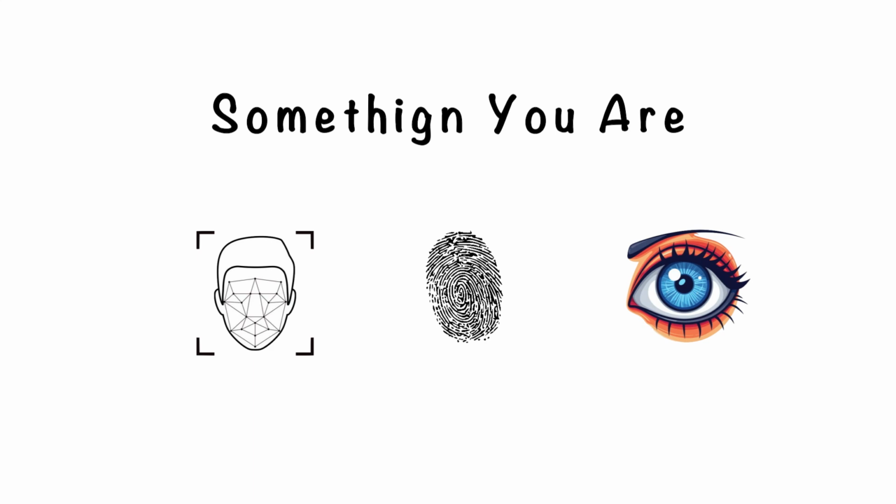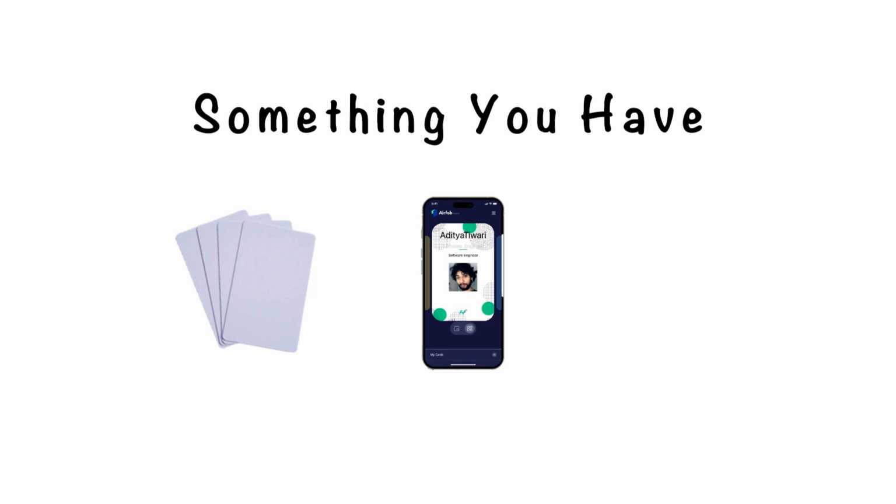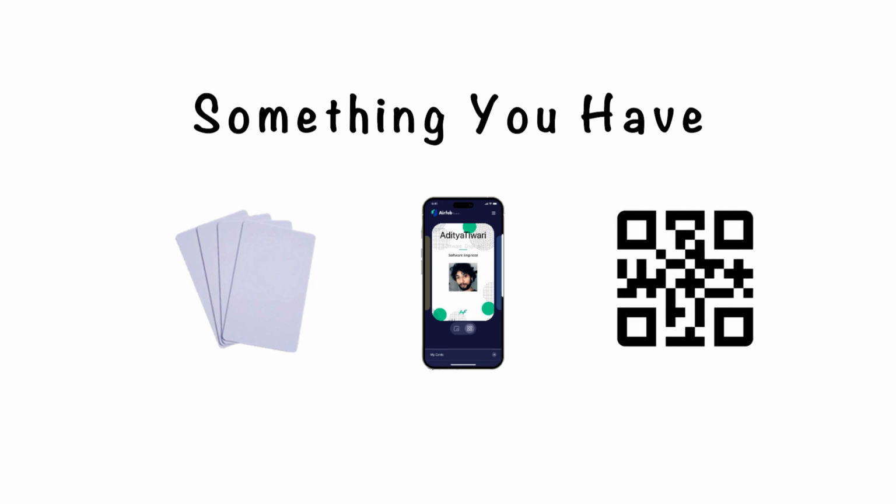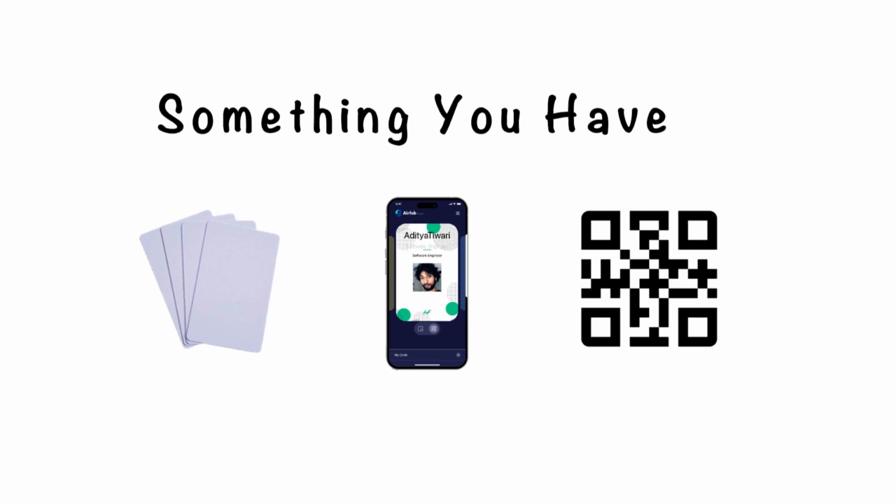The second category is something you have. This includes physical or virtual items assigned by the security administrator, such as an RFID card, mobile device, or a QR code. And the third category is something you know. This is the security information that the user knows, like a password or a PIN.